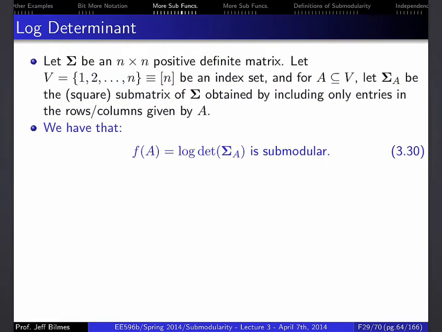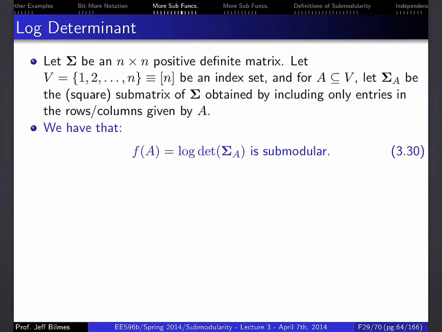Okay? So we can define a set function based on the log of the determinant of the submatrix sigma sub A. Each time we choose a different A, we're taking a different determinant. It's not a completely different matrix, but it's a matrix of different dimensionality. Is it still positive definite? Raise your hand if you think yes.